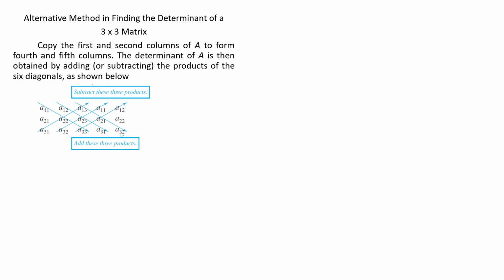We have this and we have this diagonals. So the determinant of A is given as A sub 1,1 times A sub 2,2 times A sub 3,3. And then plus the product of this 3 plus the product of this 3. And then minus the product of this, minus the product of this, and then the product of this.